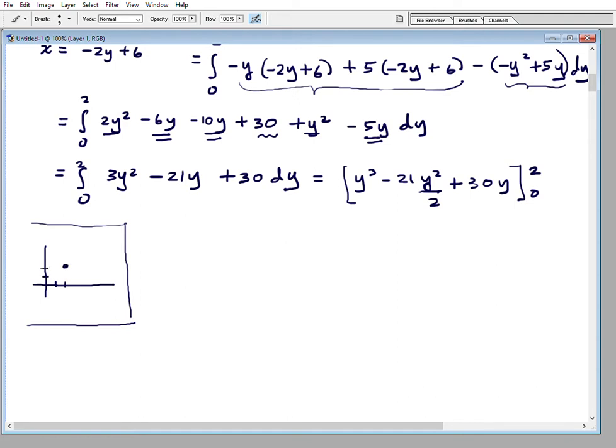So we're looking at the equation of the line from 2, 2 to 6, 0. So 1, 2, 3, 4, 5, 6. So we find the equation of the line, y equal mx plus b, using that.